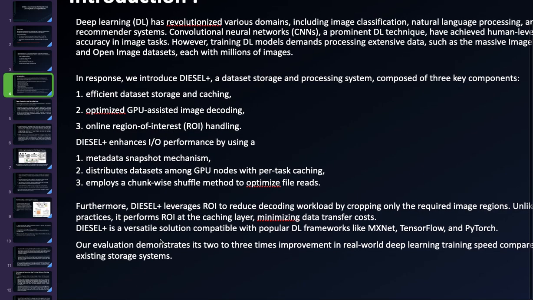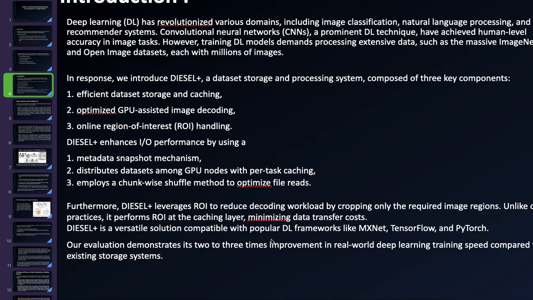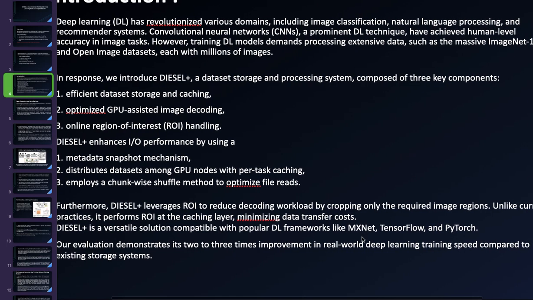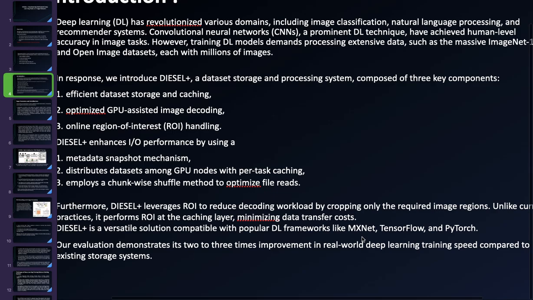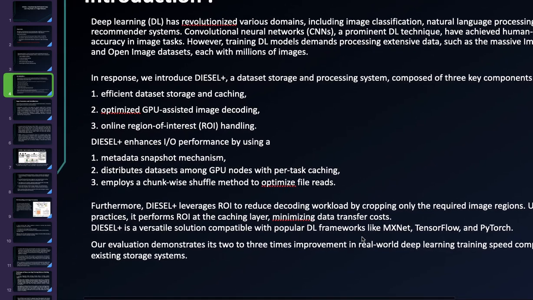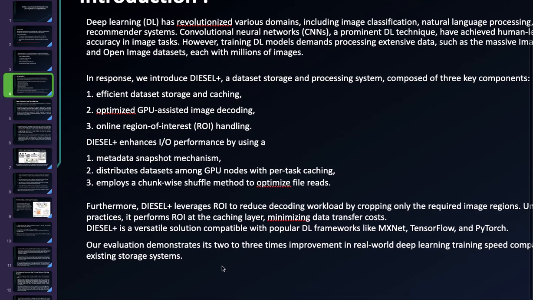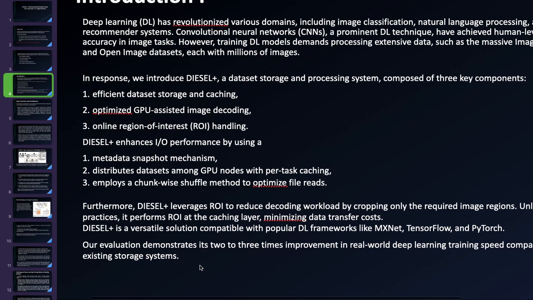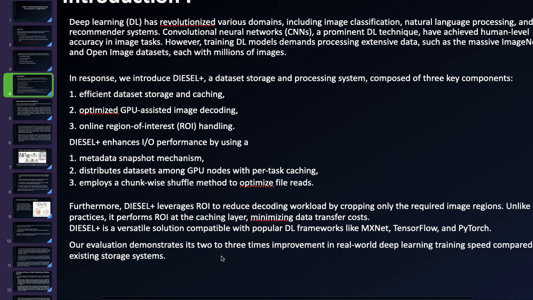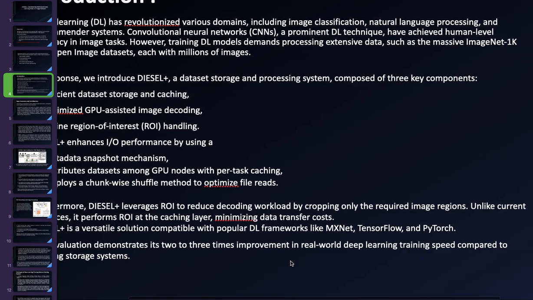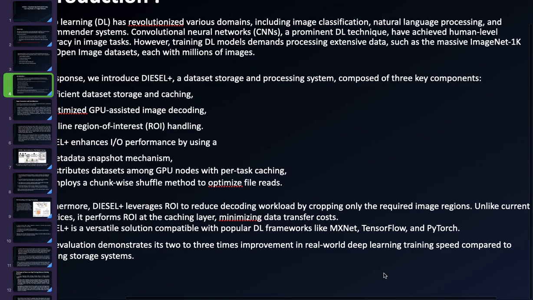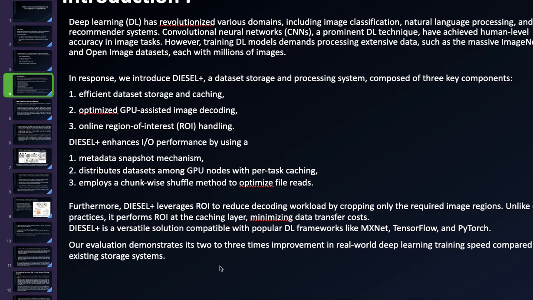Diesel Plus is a versatile solution compatible with popular DL frameworks like MXNet, TensorFlow, and PyTorch. Their evaluation demonstrates a 2 to 3 times improvement in real-world deep learning training speed compared to existing storage systems. This is their evaluation result.